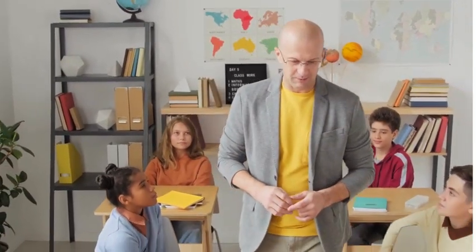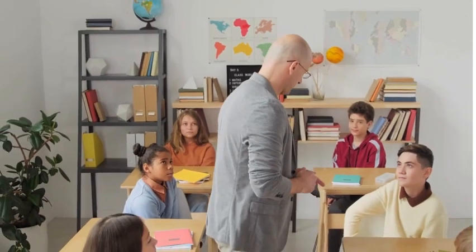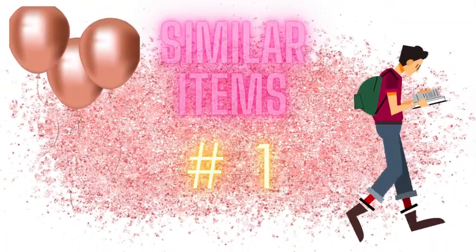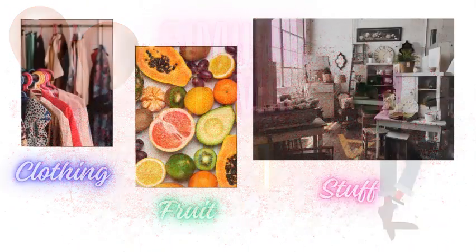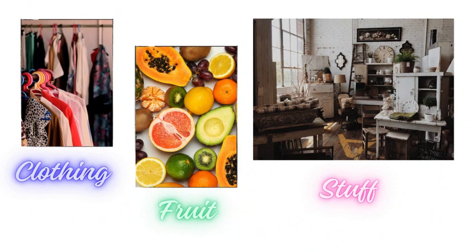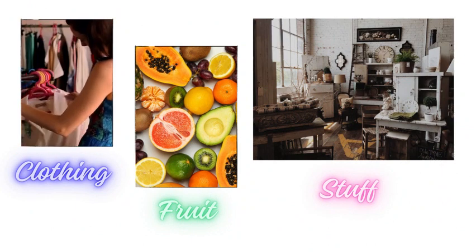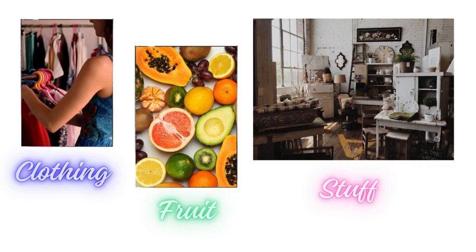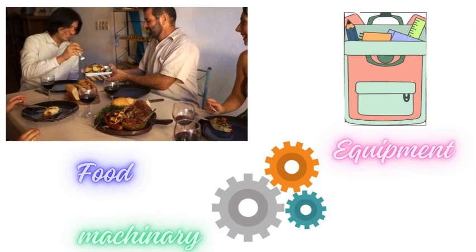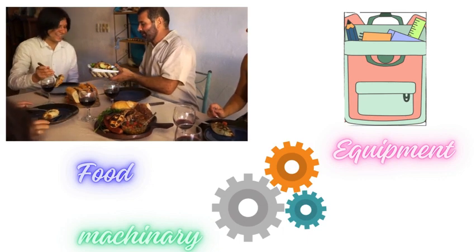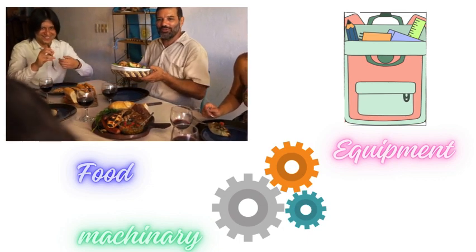I will give you some examples for each category. Similar items. Number 1. For example, clothing, fruit, stuff, food, machinery, and equipment.